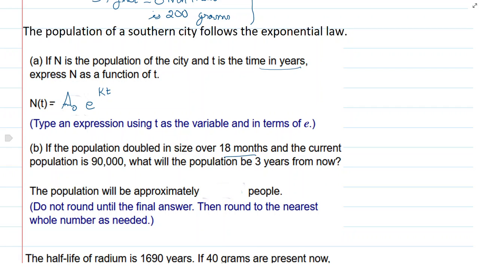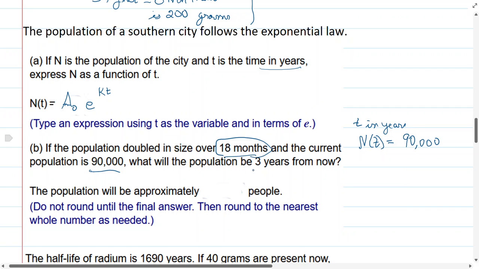Okay, here we go. T is in years. We're talking here 18 months, and the current population is 9,000. So my N of T is 90,000.